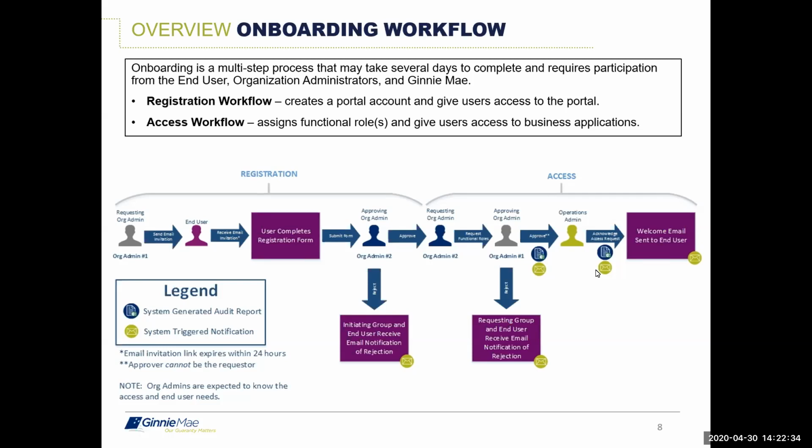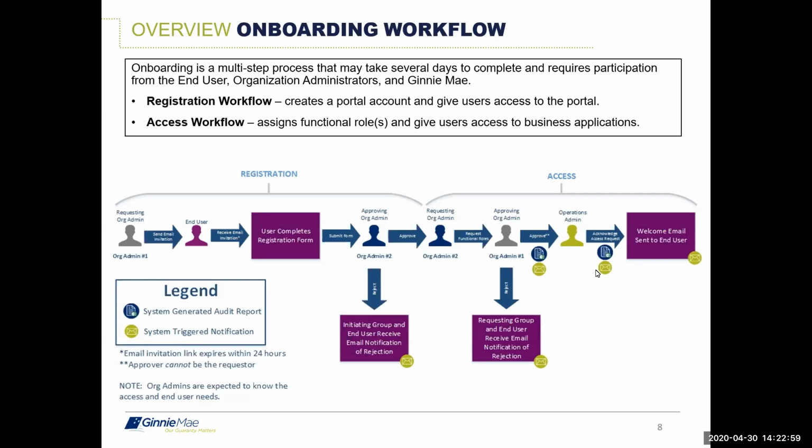So you'll complete that form, add some information. If you have an RSA token, you'll add the serial token number there to connect the RSA token to your account. And you will submit that form. A notification will be sent to the organization administrators in your organization that they need to approve a request for an account to be created.